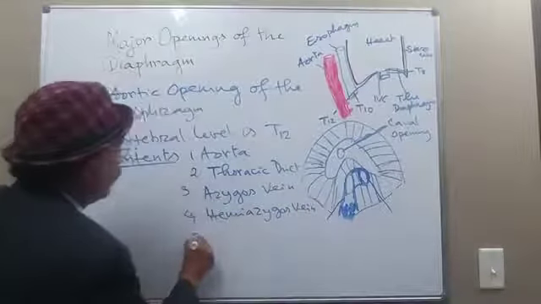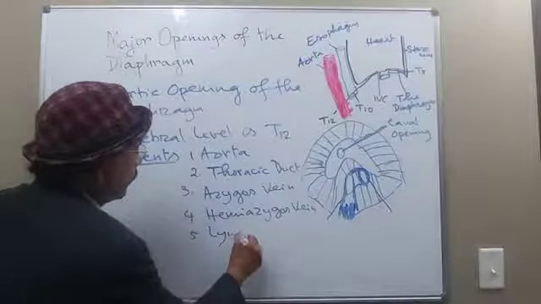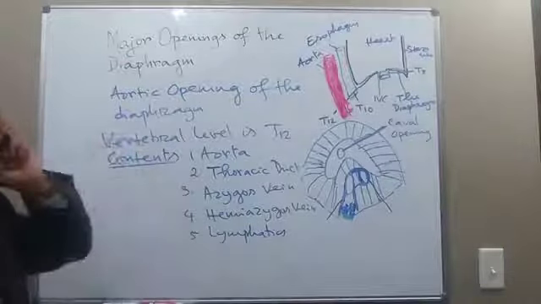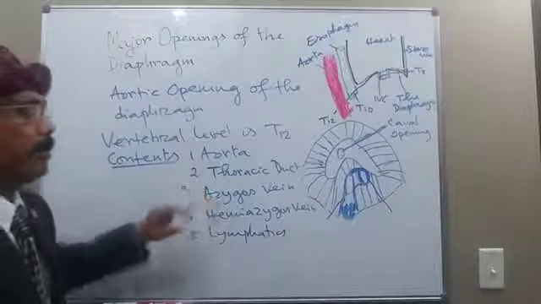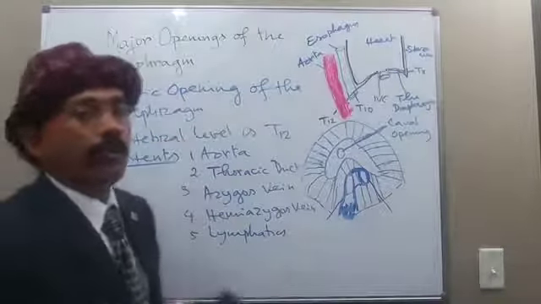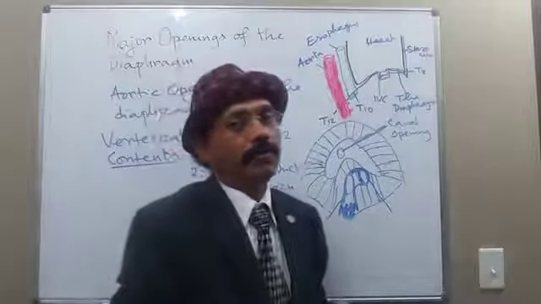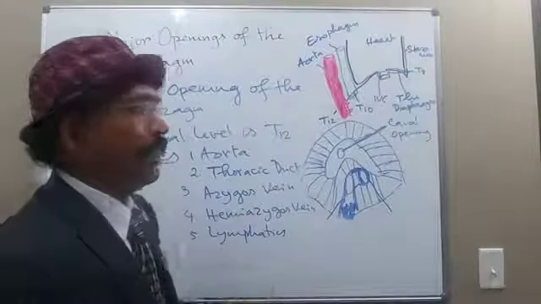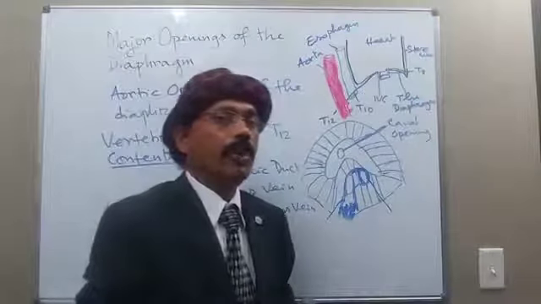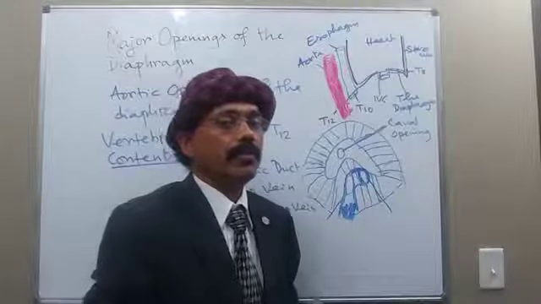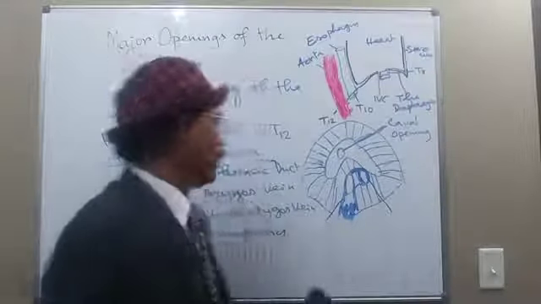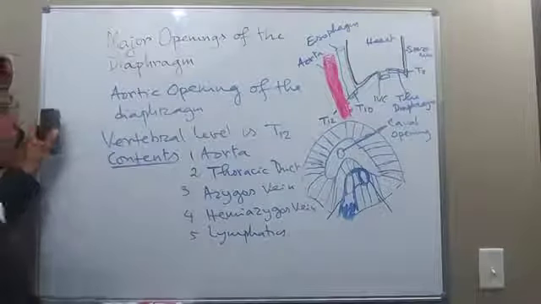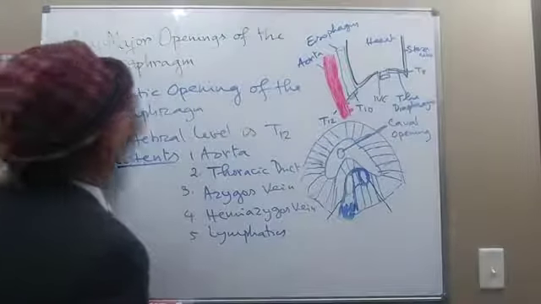Plus, we always add lymphatics. These are very much constant. The azygos vein may not go through the aortic opening of the diaphragm. It may pierce the right crus of the diaphragm. The hemiazygos vein may not go through the aortic opening either. In most cases, it pierces the left crus of the diaphragm.